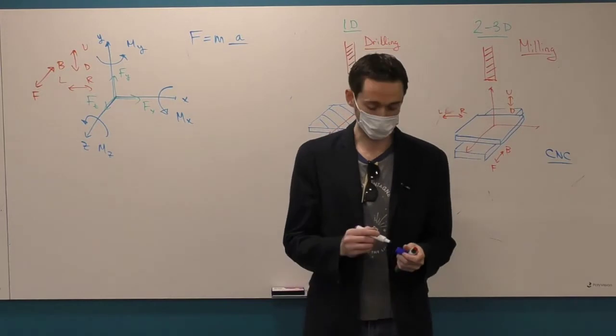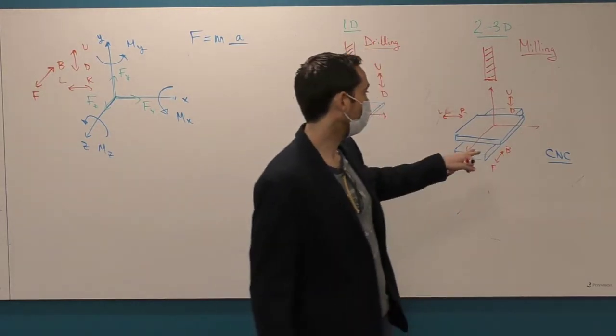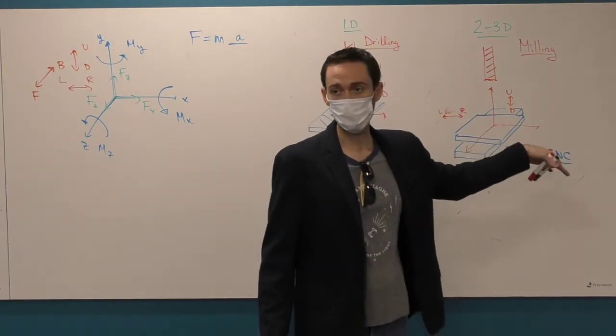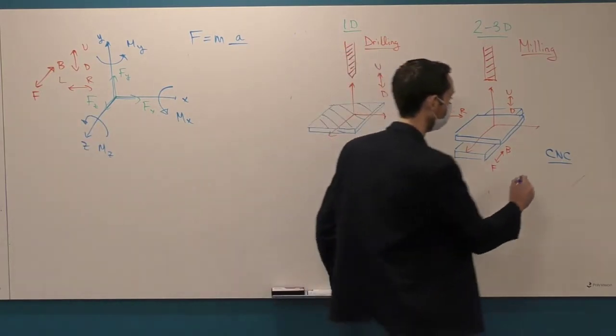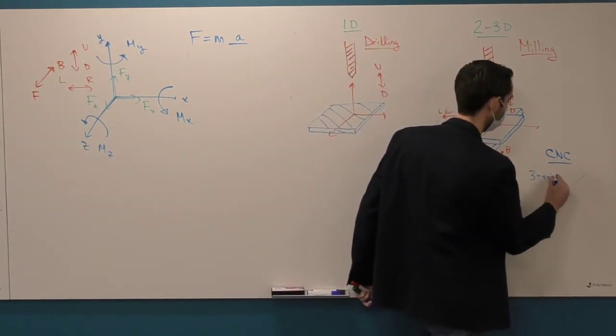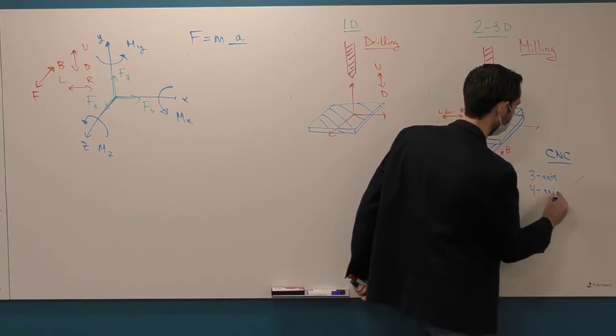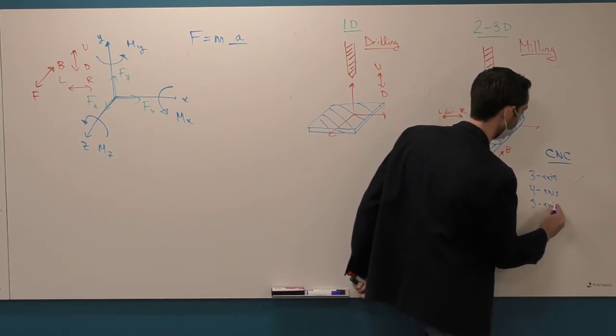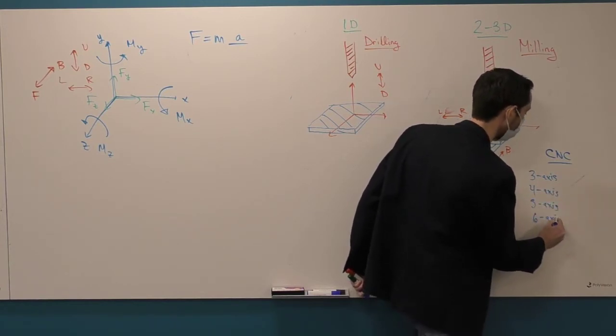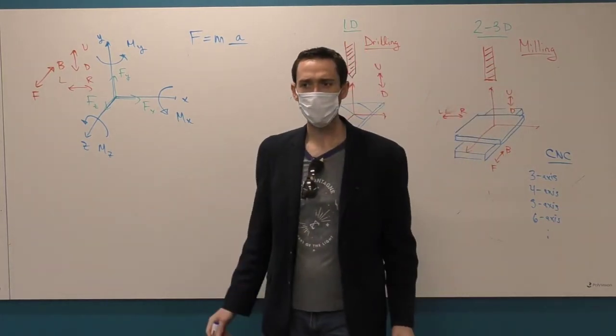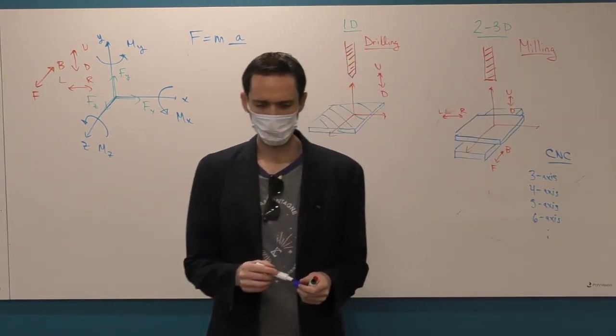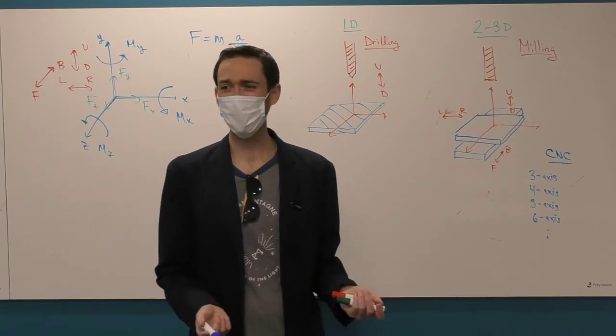CNC, computer numerical control, is just a way of computing where to go in order to cut out a specific geometry. You can have 3-axis, 4-axis, 5-axis, 6-axis, and it gets pretty insane.